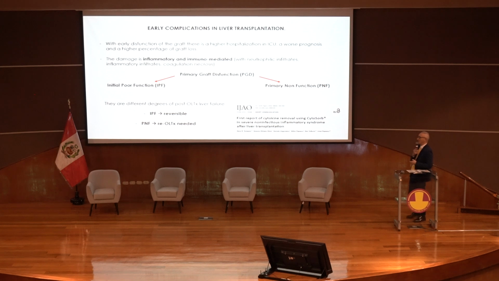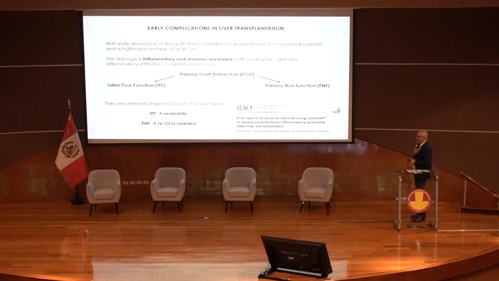We have to remember that even in transplantation we can have a situation defined as primary graft dysfunction after the transplantation, that can be initially poor function or primary non-function. The initially poor function is quite reversible, otherwise the primary non-function in many cases requires retransplantation of this patient, of course.